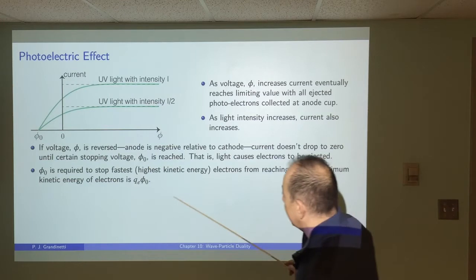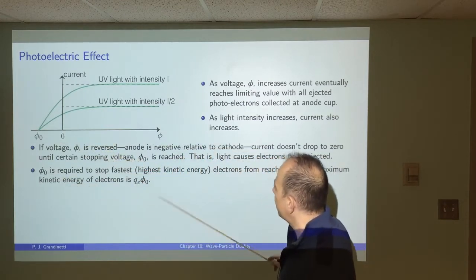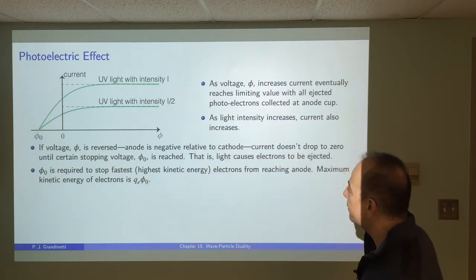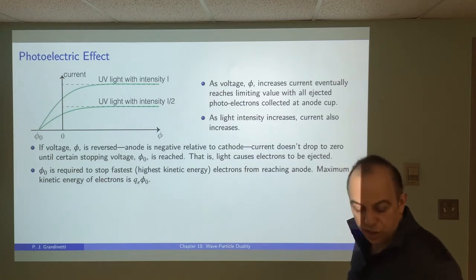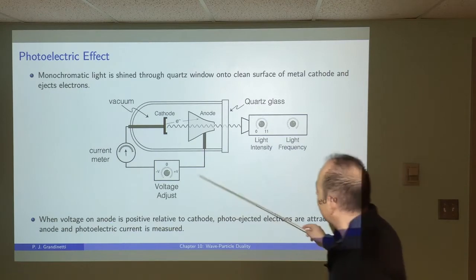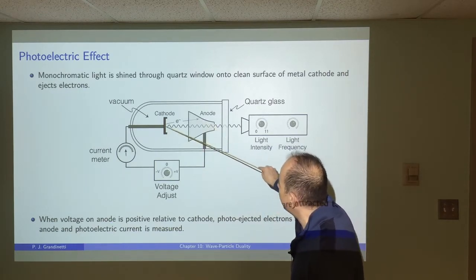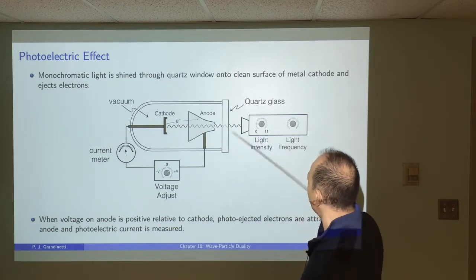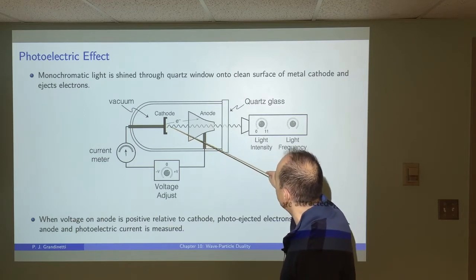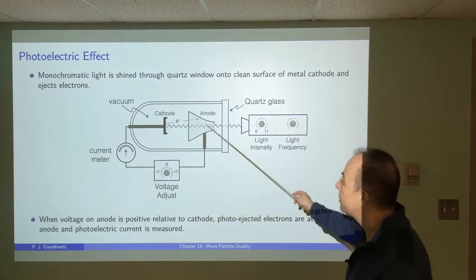Now, the interesting thing is that if you bias the voltage the other way so that the anode is negative relative to the cathode, then you can start slowing down the electrons. So if I go back to the previous slide, you can see that if I made the anode negative relative to the cathode, then the ejected electrons, which are coming off due to the fact that there's light shining on them, will be slowed down because now they're approaching a negatively charged anode.